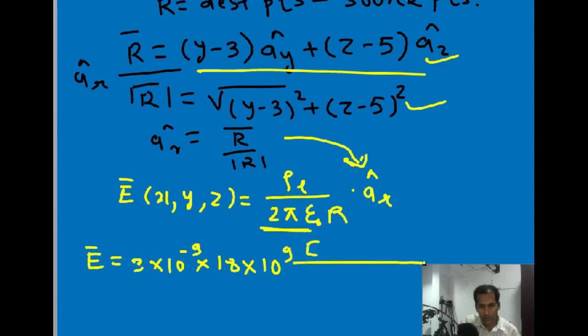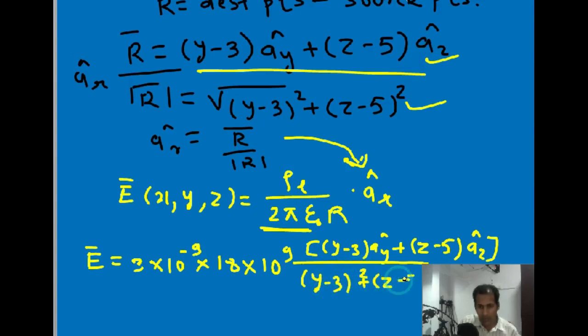Then y minus 3 AY cap plus z minus 5 AZ cap divided by y minus 3 whole square plus z minus 5 whole square. So this is first expression, a general expression for x, y, z.